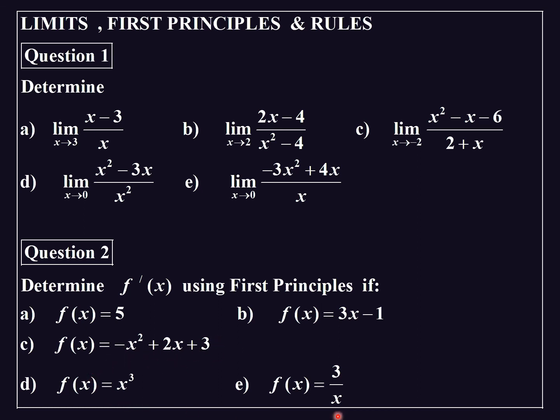A cubic, and we have a simple rational expression. One of these expressions is always assessed in an external or even an internal mathematics question paper on calculus. If you are busy writing a mathematics paper and you can't see any question on first principles, I suggest just raise your hand, call the invigilator, and advise the invigilator that you have the wrong question paper.